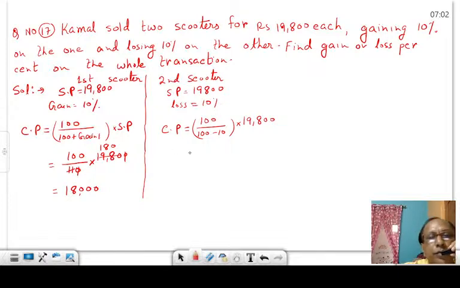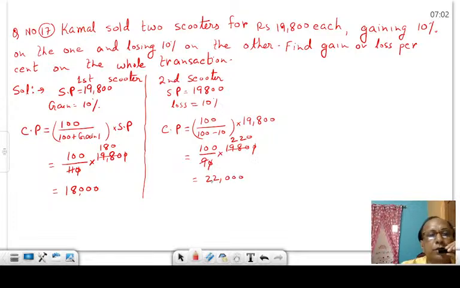That is, we are getting 100 minus 10 is 90, into 19,800, right? Therefore, this 0 will cut. 9 twos are 18, 9 twos are 18, 0. That is, we are getting 22,000.